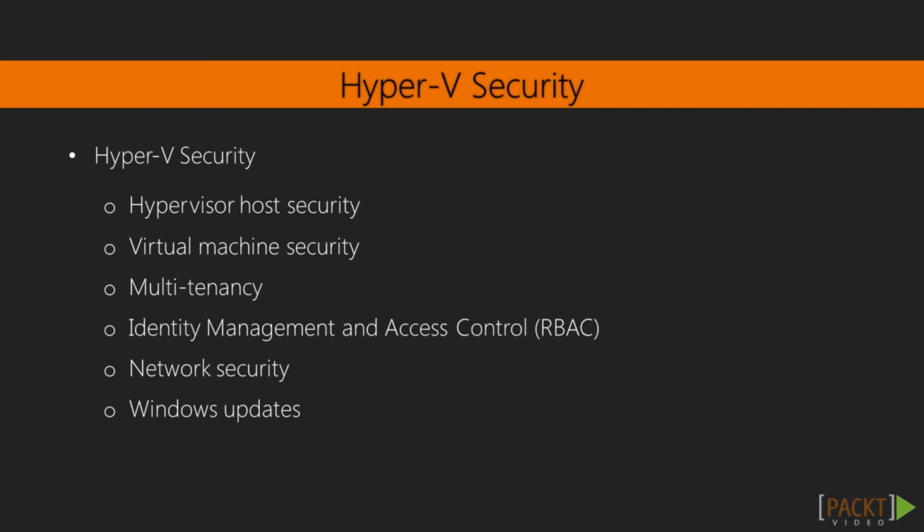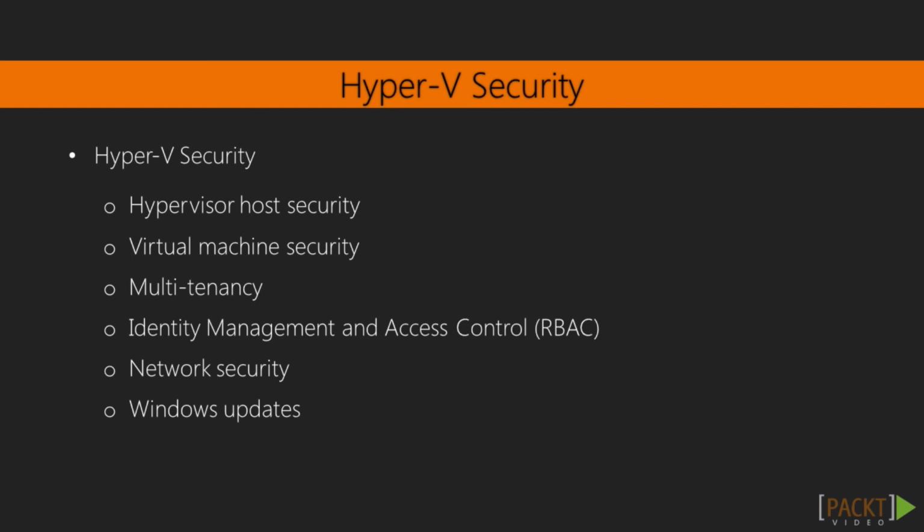Make sure you run Hyper-V Core, that is, without a GUI, to host the VMs, and then use a separate Windows Server, as we did in this video series, with minimal components to use as a management server that runs Hyper-V Manager and/or System Center Virtual Machine Manager. Virtual machines are just servers without hardware, so you need security for these as well, according to the best practices for that operating system, whether it is Windows or Linux.